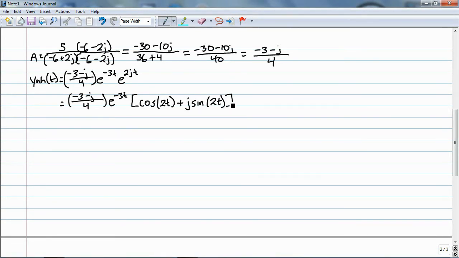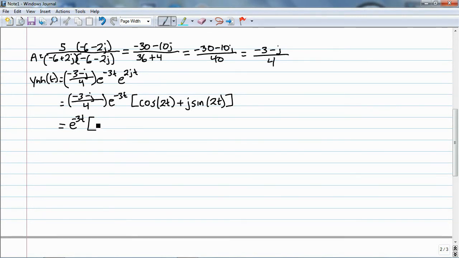There's my Euler's. The e to the negative 3t, I can just take that out to the very beginning. I don't need to worry about it. I just got to keep track of it. Now do my distributive property with these two terms.